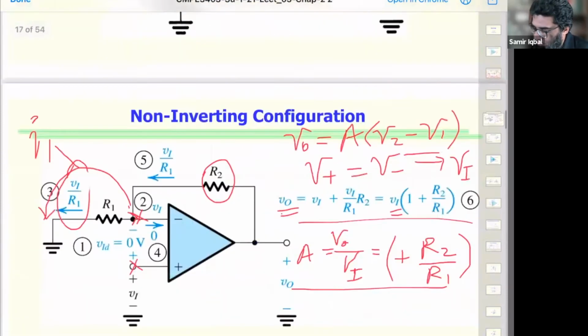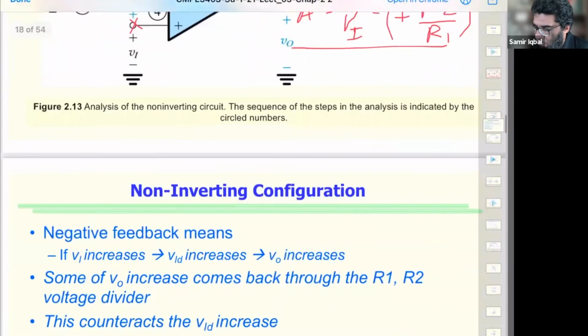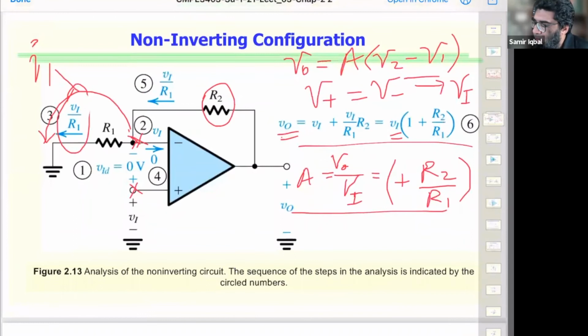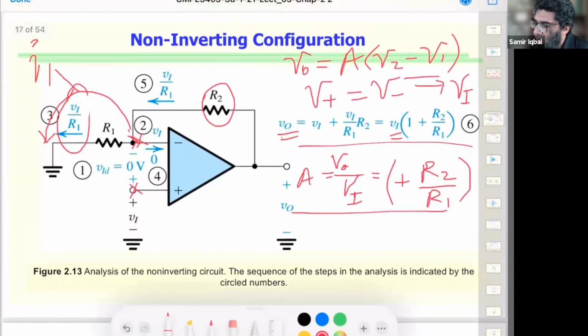All right, so we'll see the next slide, but I just wanted to sum up that this is the gain. But now there are some other parts of the analysis that we have to take a look at.